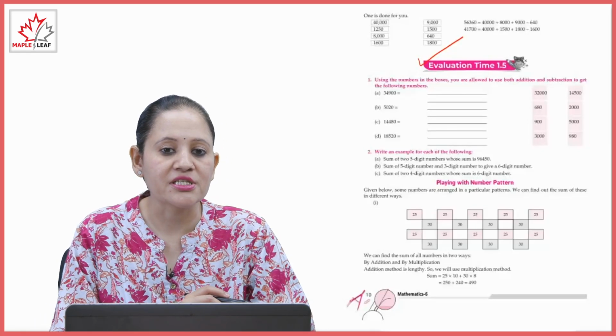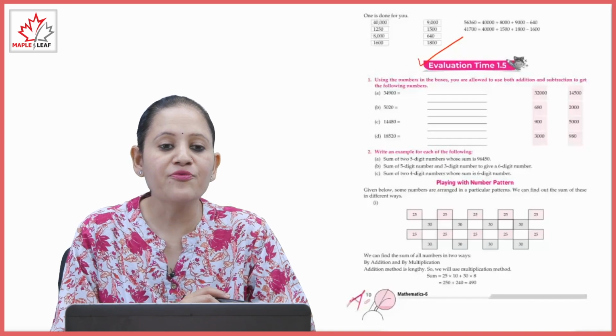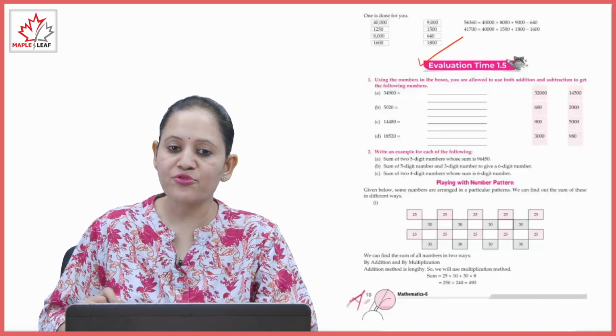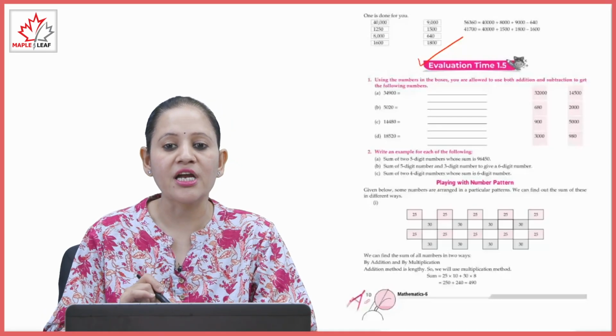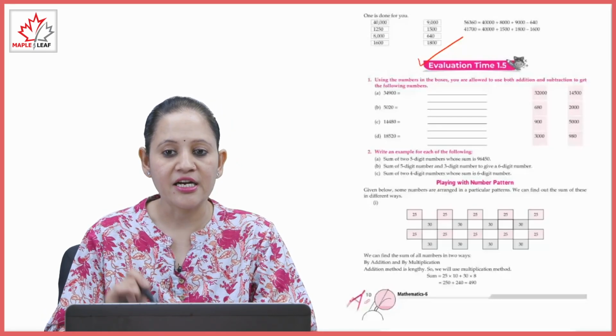Using the numbers in the boxes, you are allowed to use both addition and subtraction to get the following numbers. 34,900. So you have to use these numbers to get 34,900.